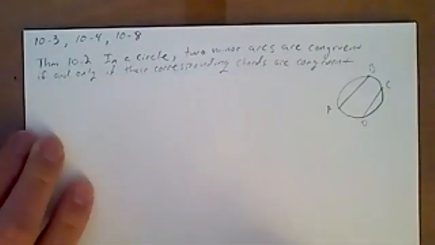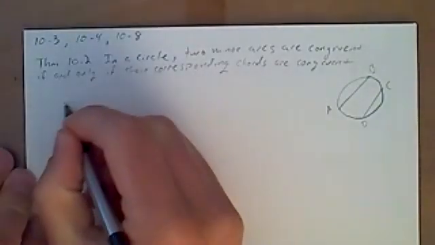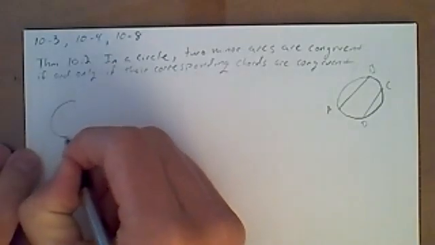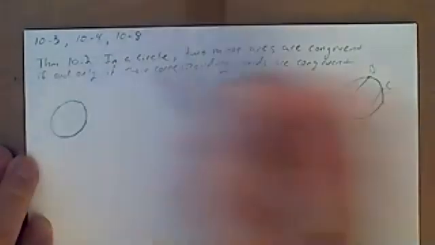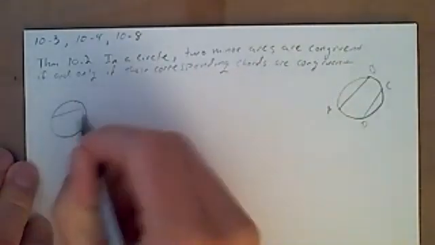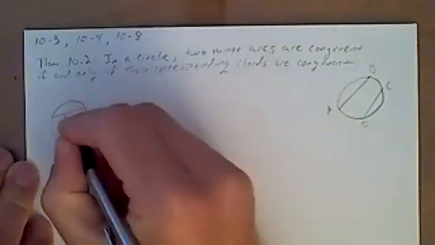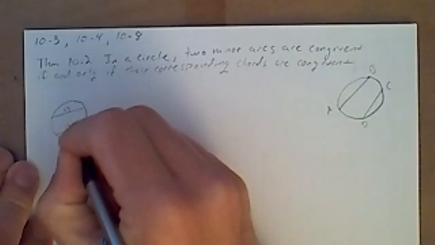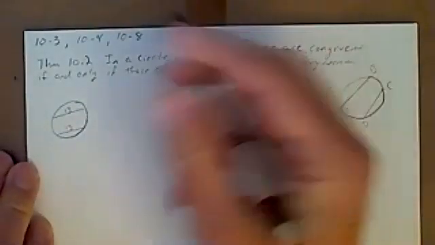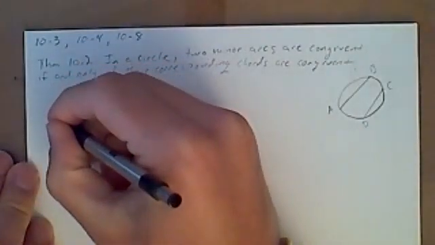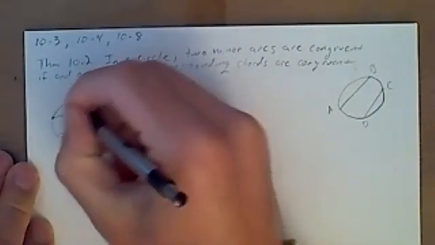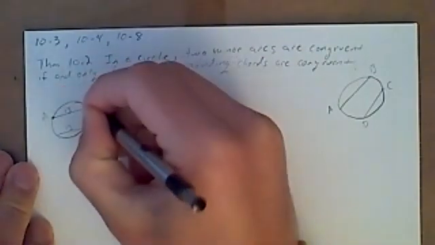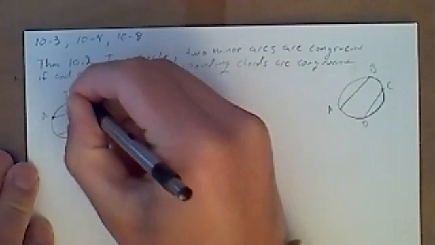All right, so some examples. Should use the bigger diagram. There we go. If we have a circle and this segment is 13 and this segment is 13, those are two chords. And we know that the arc from here to here, call it AB, is 79 degrees.